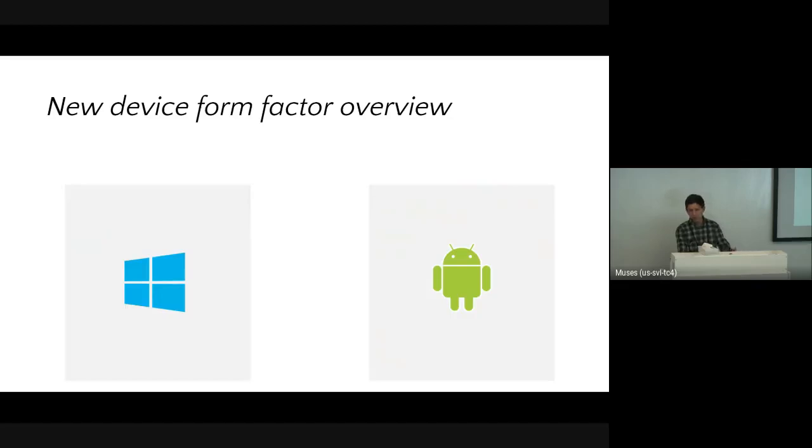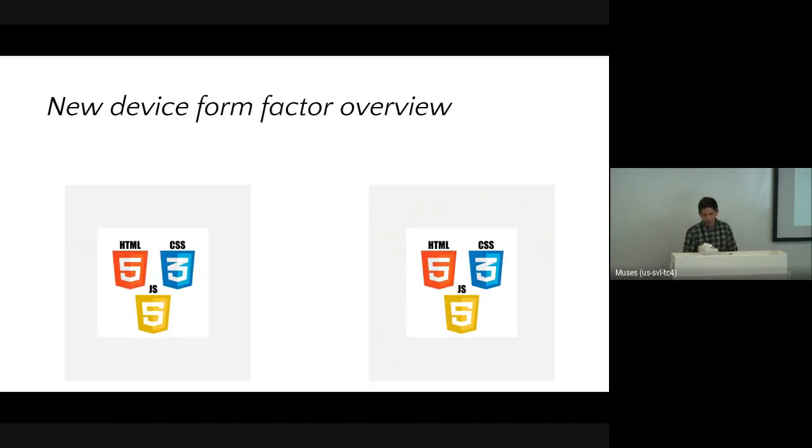One of these runs on a flavor of Windows, and the other is actually running on Android. But the web is available on both, and so we think that can be the go-to platform that developers can target to get these enlightened content and experiences to these new devices.